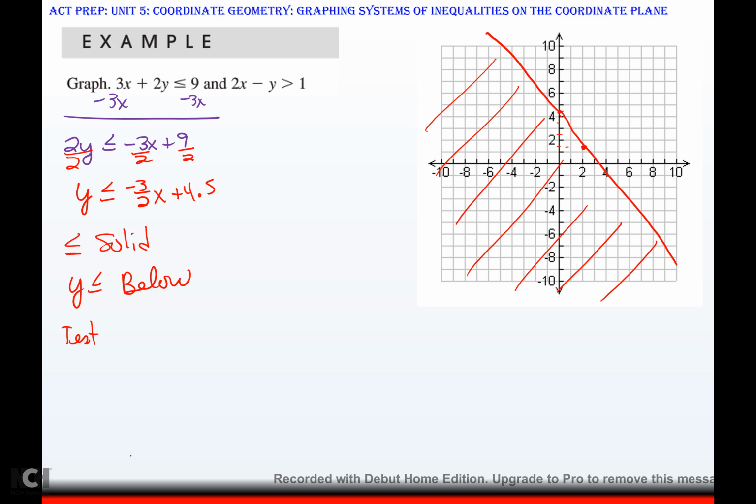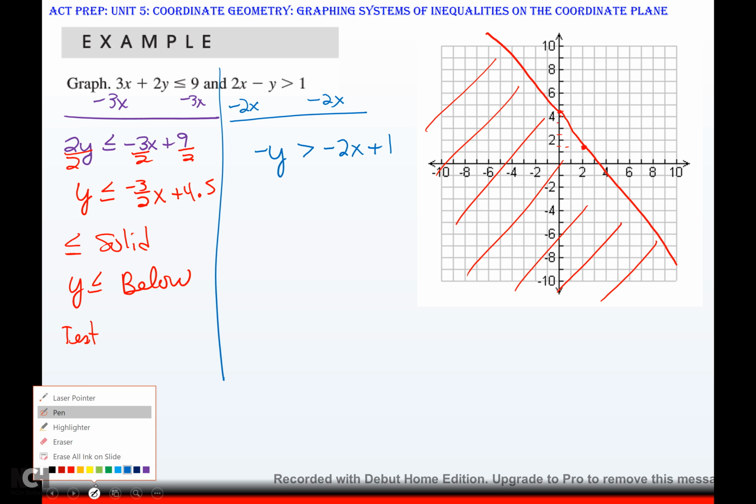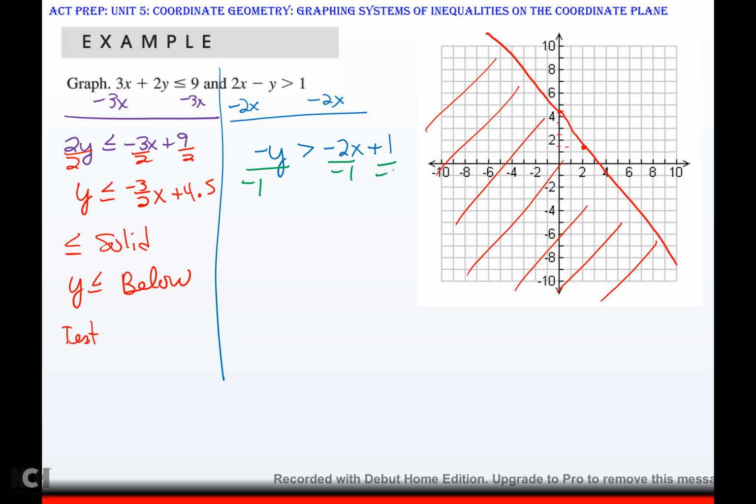Okay, here's where it's different. My second equation, I've got to get its y alone. So minus 2x, minus 2x, I get negative y is greater than negative 2x plus 1. Then I'm going to have to divide by a negative. And when you divide by a negative, your inequality has to flip.